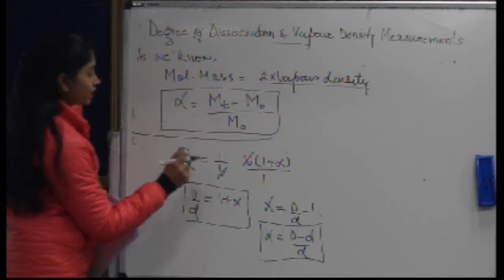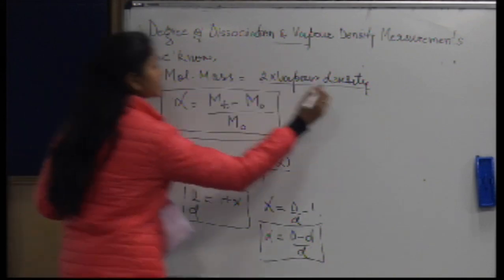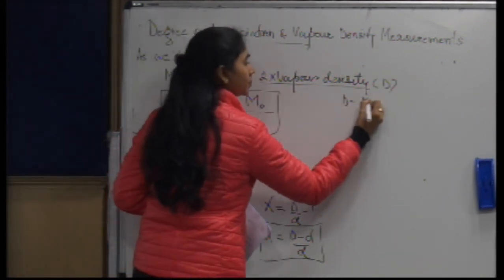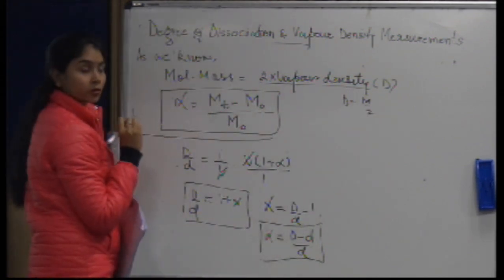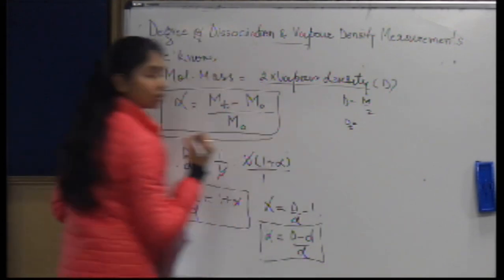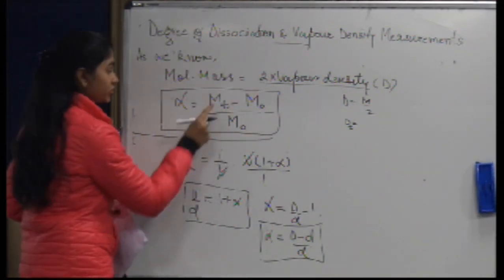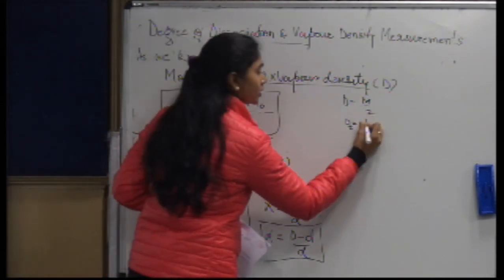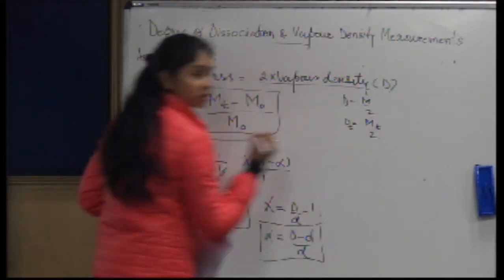You just replace, this is your density only. So density is nothing but m by 2. Let me say this is the initial density, D is the initial density of the system.